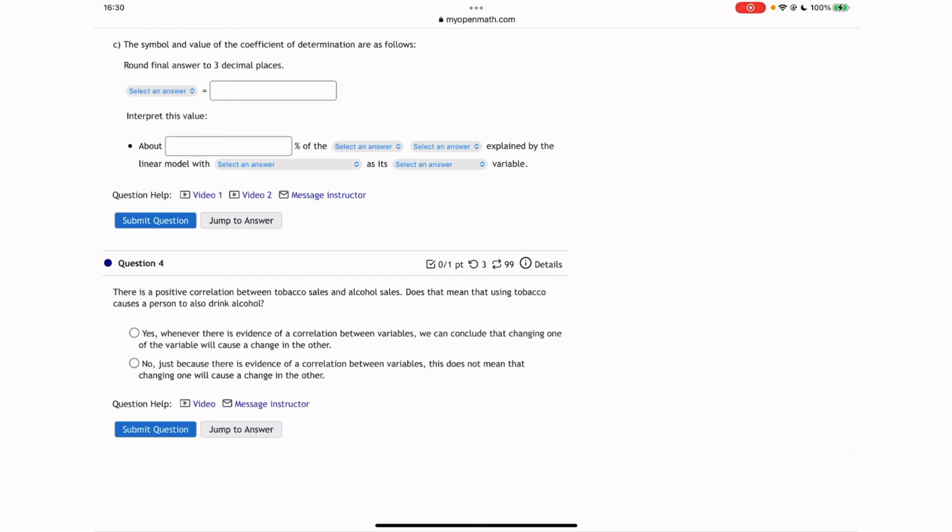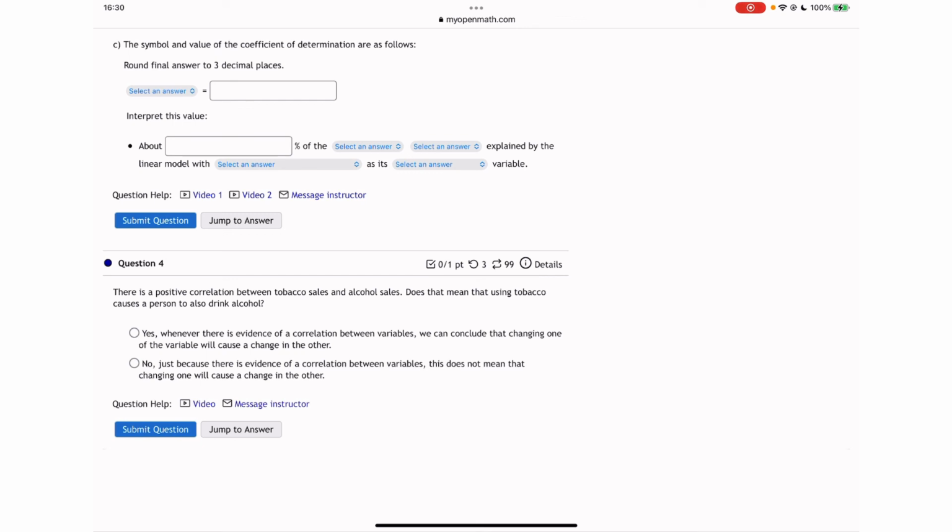I'm going to solve question number 4. So what do we have? There is a positive correlation between tobacco sales and alcohol sales. Does that mean that using tobacco causes a person to also drink alcohol? Even without looking at the choices, we can say no. Some people drink a lot, but they don't smoke that much.